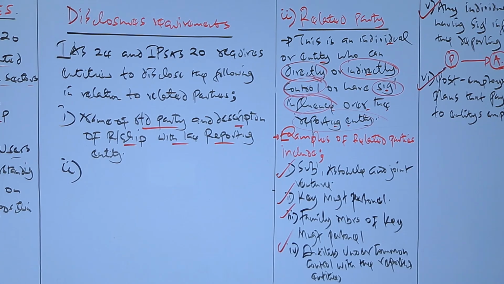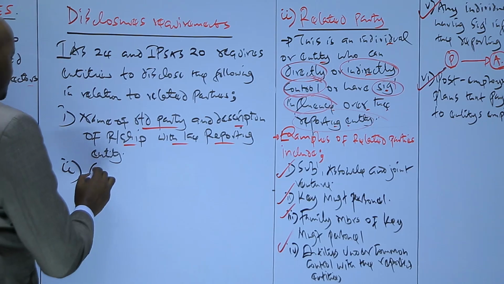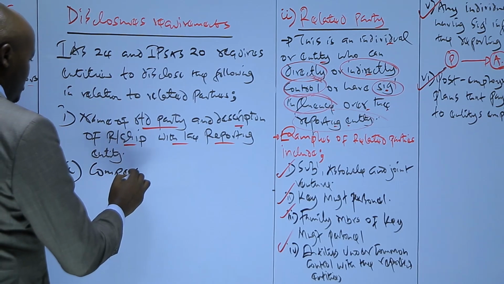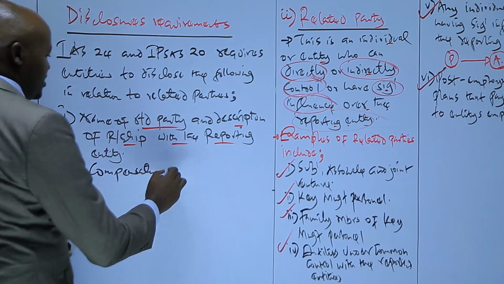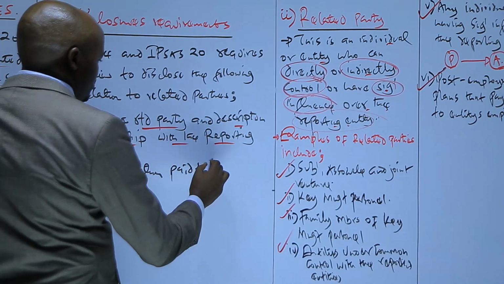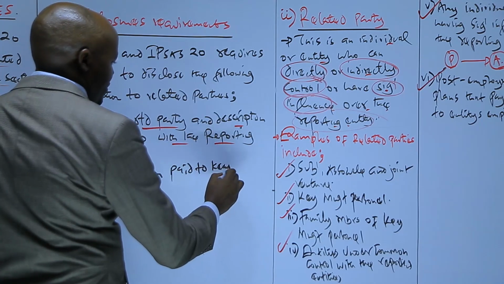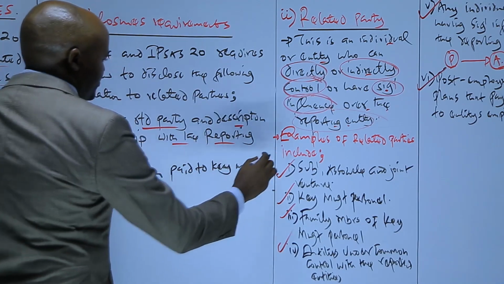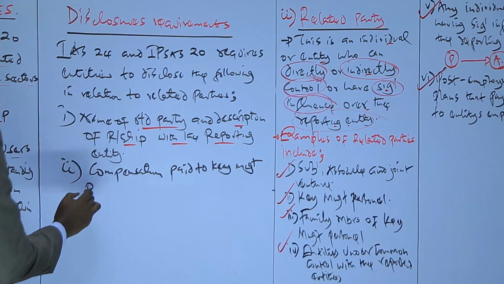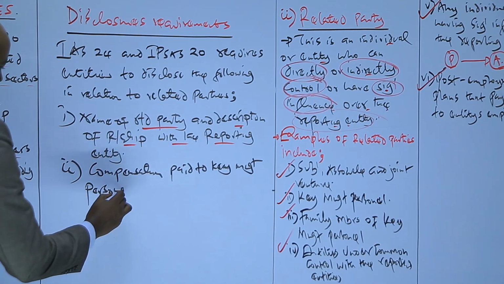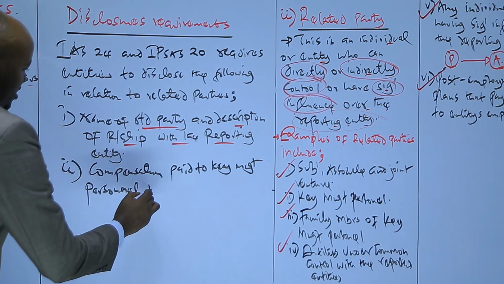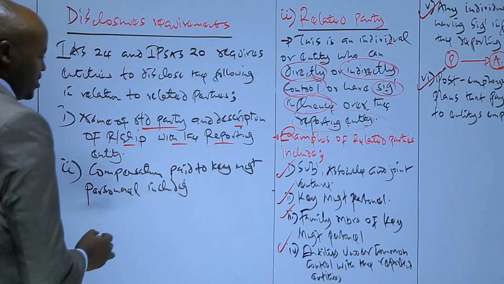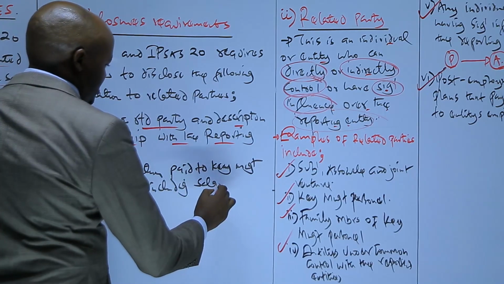The other information which also needs to be disclosed is the compensation paid to key management personnel, including salaries.